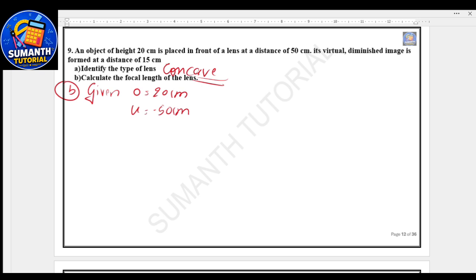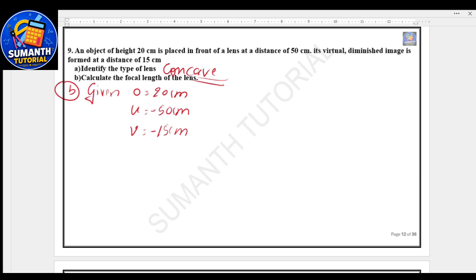I taught you very clearly in sign convention how to take the value. Then image is formed, that is V, as it is virtual, it is minus 15 centimeter. So I repeat one more time, object distance is minus 50, image distance is minus 15.